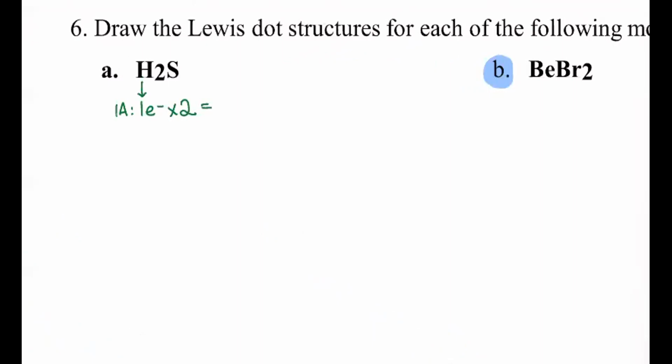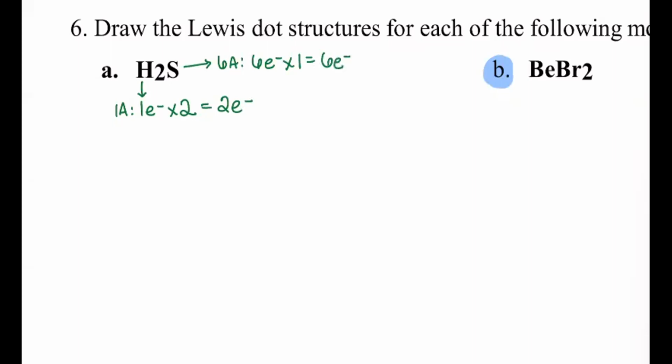So that means that in this chemical formula, hydrogen is contributing 2 valence electrons for bonding. Sulfur lives in group 6A. That means that it contributes 6 valence electrons to this chemical formula for bonding. There is only 1 sulfur here, so sulfur overall is contributing 6 valence electrons.